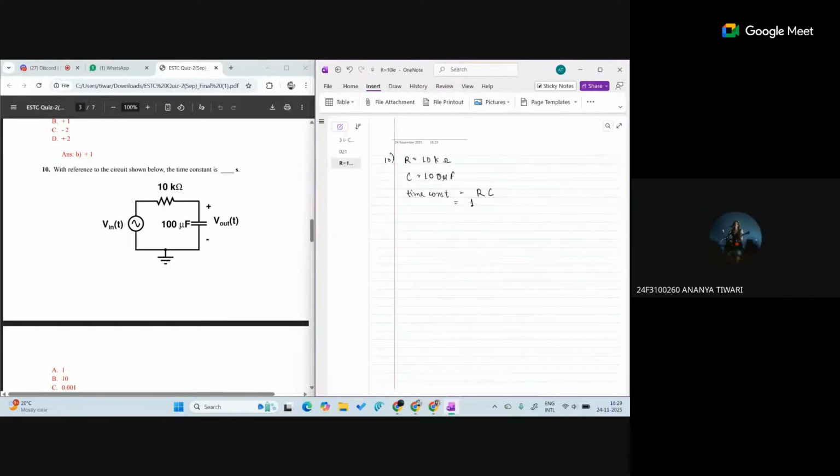R is 10 kilo ohm. We can write this as 10 into 10 to the power 3, and C is 100 microfarad. We can write this micro as 10 to the power minus 6. So this whole thing will become 10 to the power 6, and we have this 10 to the power minus 6. So this and this will be gone, and we will get 1, only 1 second. Is this clear?